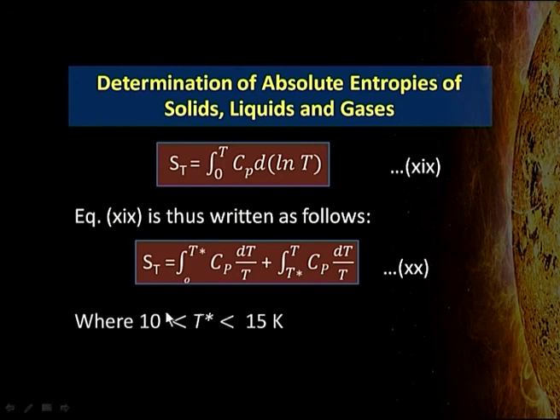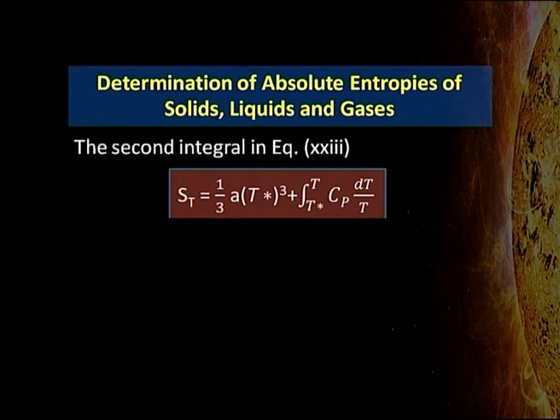In this equation, T star is the temperature between 10 Kelvin and 15 Kelvin. The second integral is evaluated from experimental measurements of heat capacities.